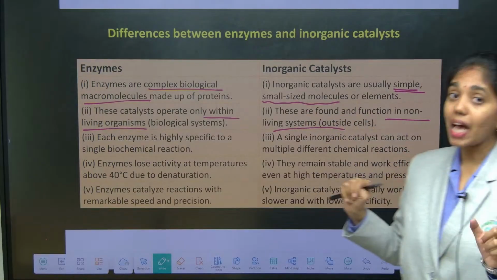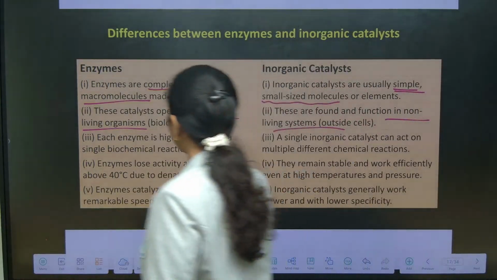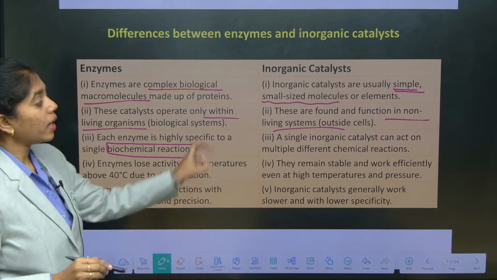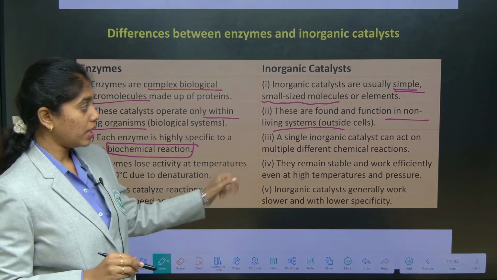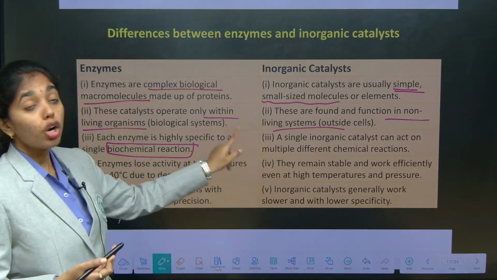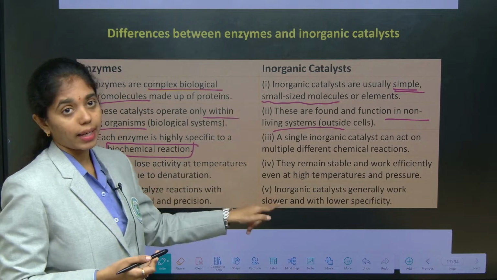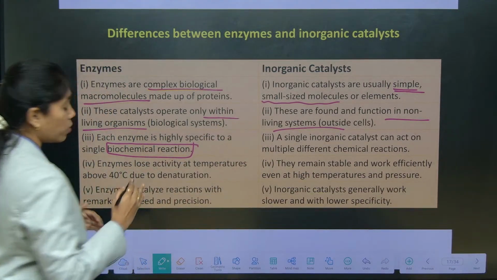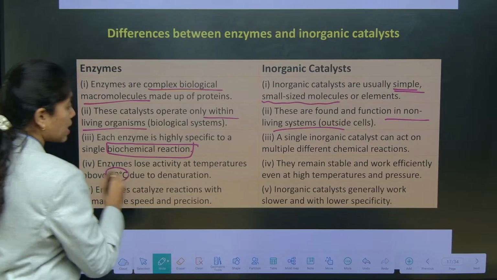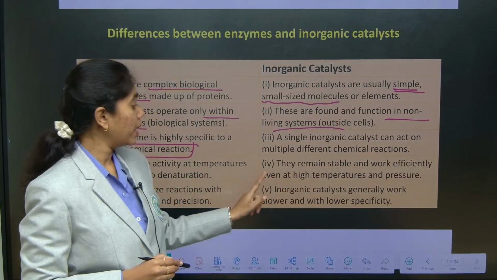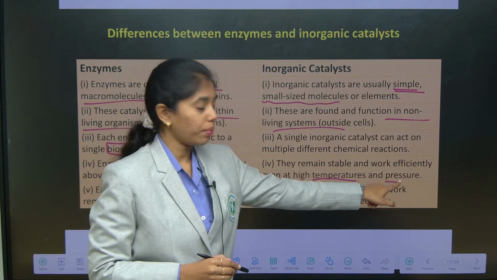Each enzyme is highly specific for every single biochemical reaction. Fine, right? A single inorganic catalyst can act for multiple different reactions. There is no specificity for inorganic catalysts. Enzymes lose activity at temperatures above 40 degrees Celsius, but inorganic catalysts remain stable and work efficiently even at high temperatures and pressures.